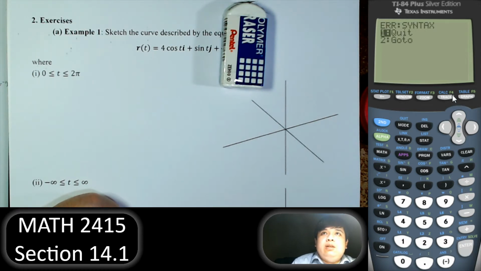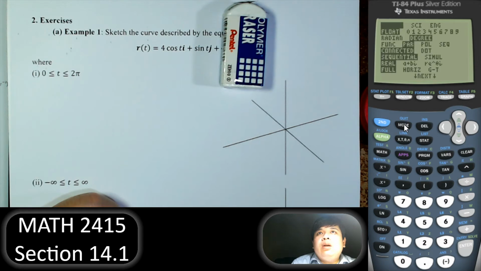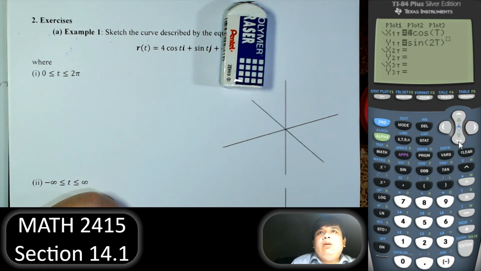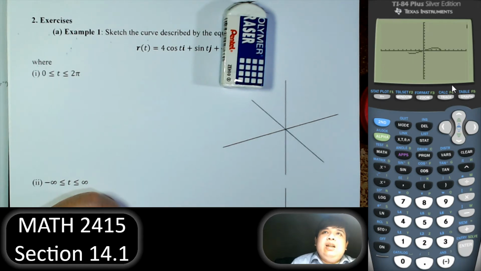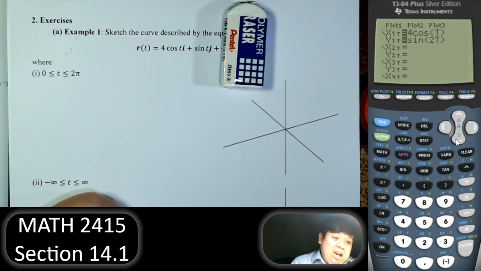All right, let's see. Oops, what's wrong? Let's keep this in radian mode. Oh, maybe because of this. That's interesting, but that's not what we're looking at.